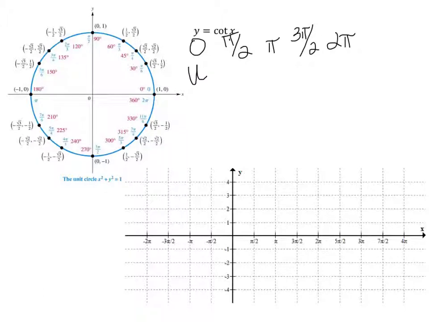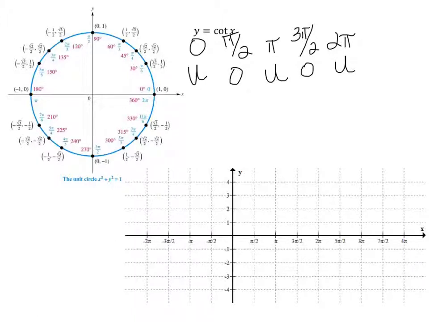At pi over 2, it's 0 over 1, which is 0. Then at pi, it's negative 1 over 0. That's again undefined. At 3 pi over 2, 0 over negative 1 is 0. And then at 2 pi, 1 over 0 is again undefined.